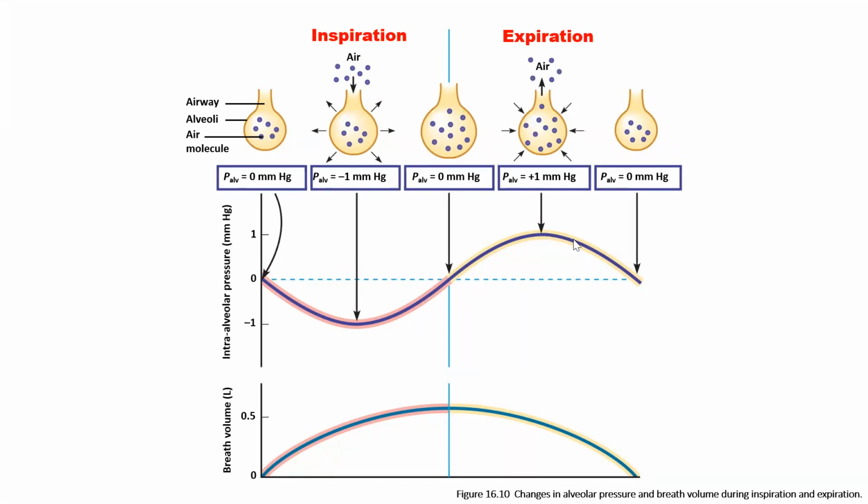And we see that happening at the end of this phase here. So as intraalveolar pressure increases, it accommodates that gradient for air to move outward. As that air moves outward, I then decrease my intraalveolar pressure back down to 0, where I no longer have any flow, okay?